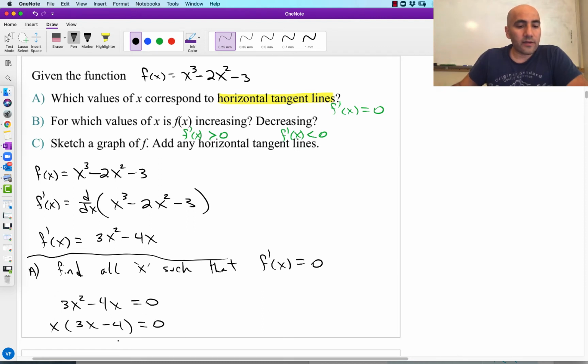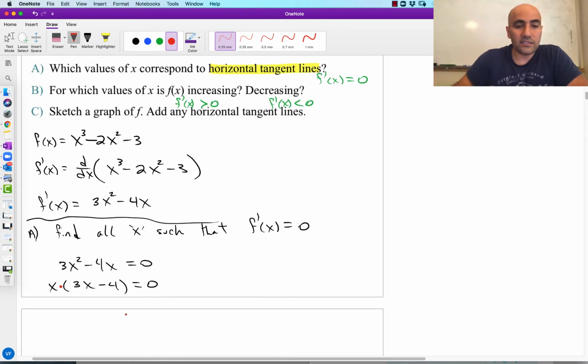So we can conclude that either x is 0, or 3x minus 4 equals 0, which means that 3x equals 4, or that x equals 4/3.